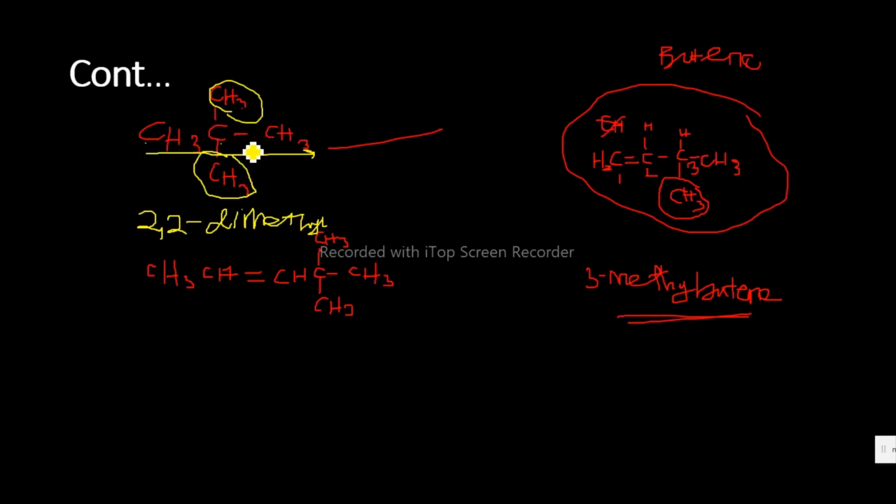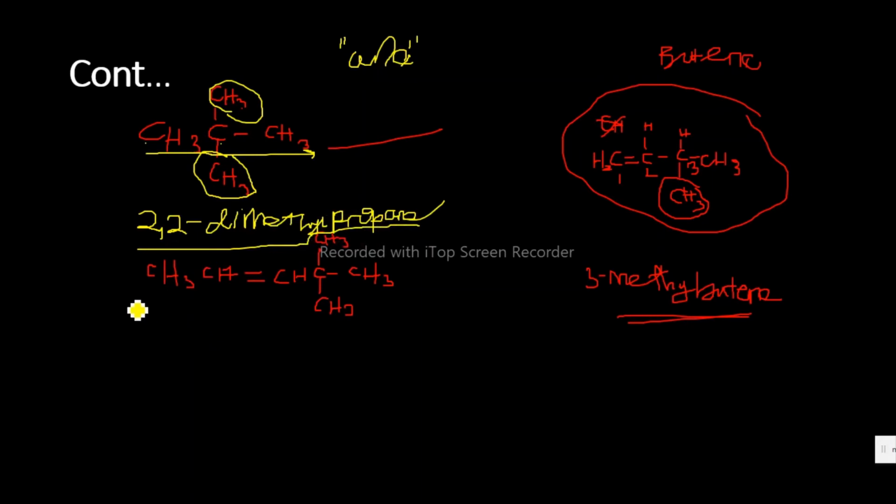It has 3 carbon atoms, and 3 is named as prop. Prop means 3, in Latin I think. But since it is an alkane, it doesn't have a double bond or a triple bond, and alkanes are named by adding the suffix ane on the stem name. So we just add ane here, and it becomes propane. So basically that's how we name this: 2,2-dimethyl propane.